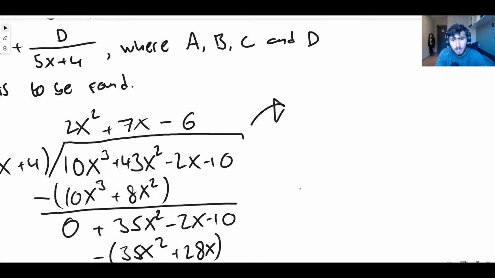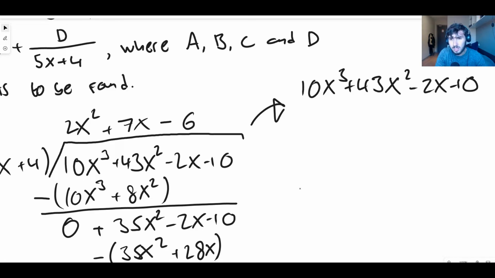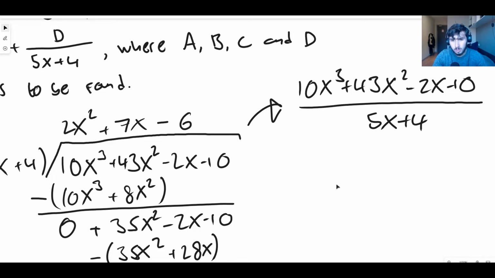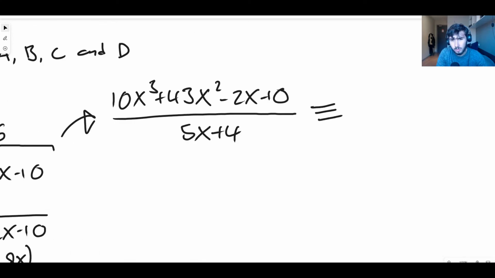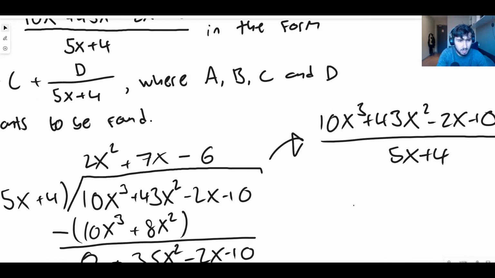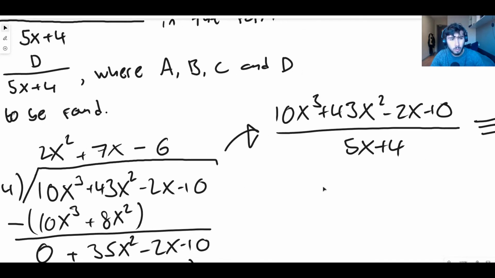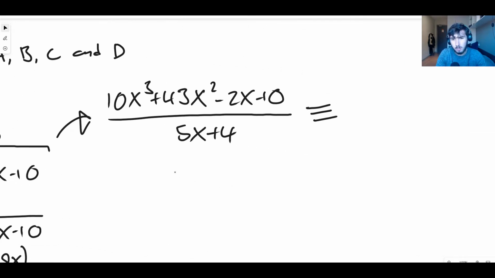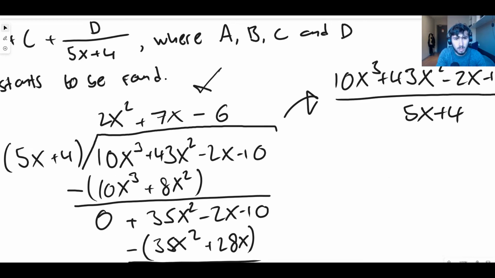We would say that 10x cubed plus 43x squared minus 2x minus 10, divided by 5x plus 4, is identical to the quadratic that we get here, because that's the bulk of our answer. So it was 2x squared plus 7x minus 6. That's just this quadratic right here.